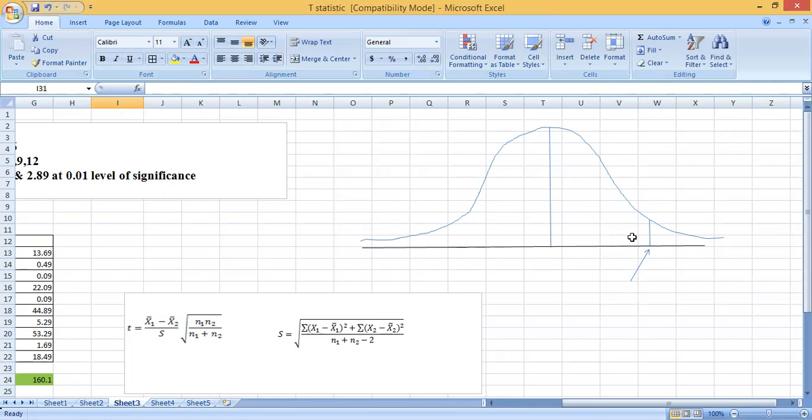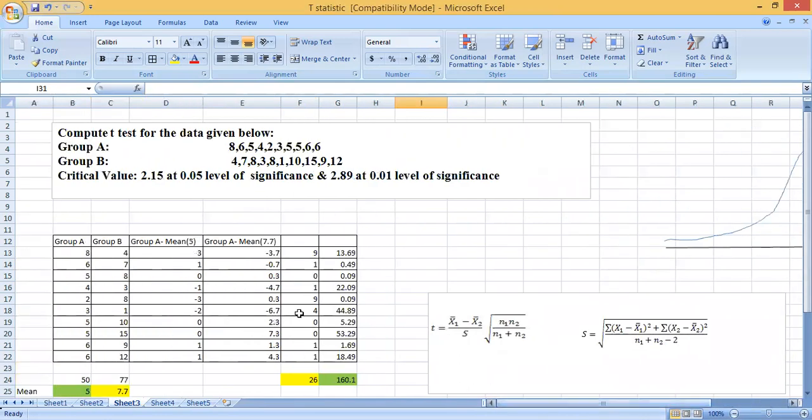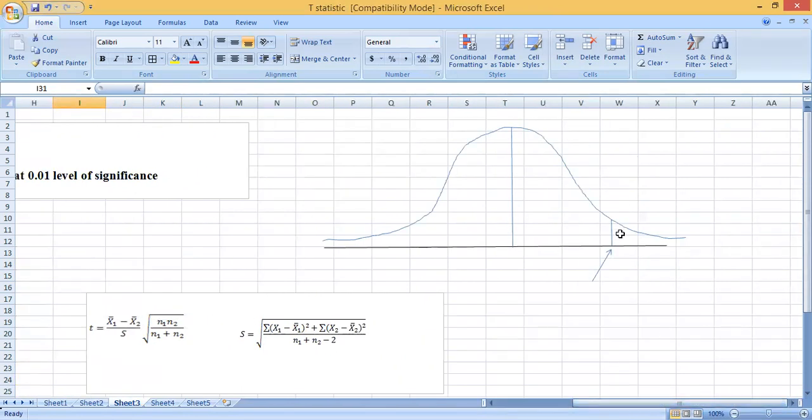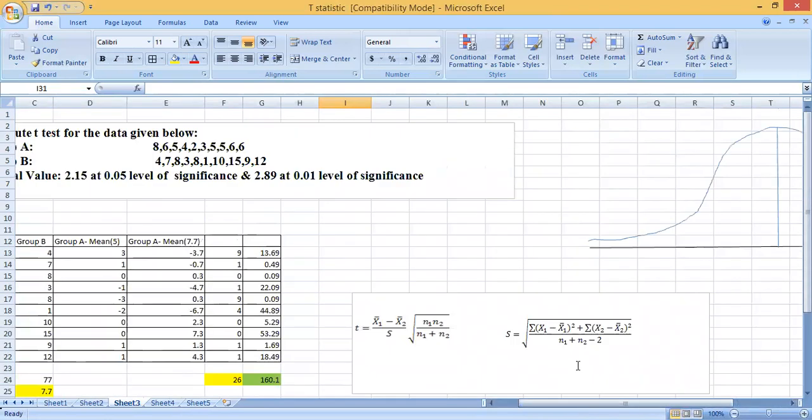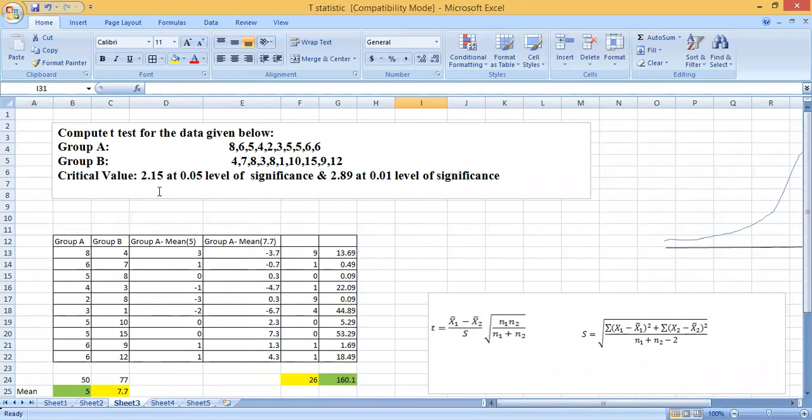So the critical value in this example is 2.15 at the 5% level. Our calculated t value is 1.88, and our table value is 2.15.